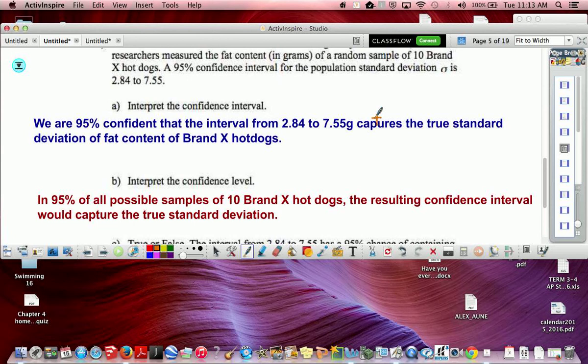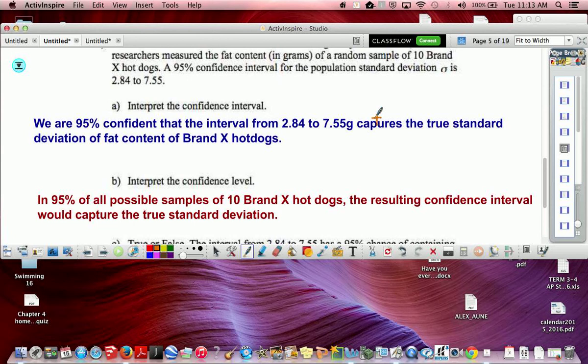Notice how the parameter in this case is not a mean or a proportion, but it's actually a standard deviation. So the interpretation of the confidence level, basically what we're saying is, in 95% of all possible samples of 10 brand X hot dogs, what's nice about this is we know what the sample size was, so we can actually state that here, the resulting confidence interval will actually capture our true standard deviation.